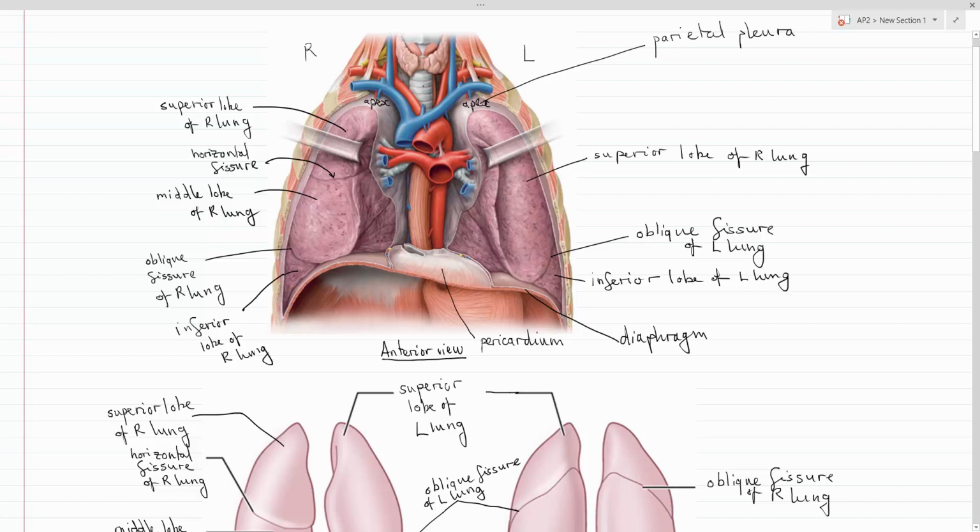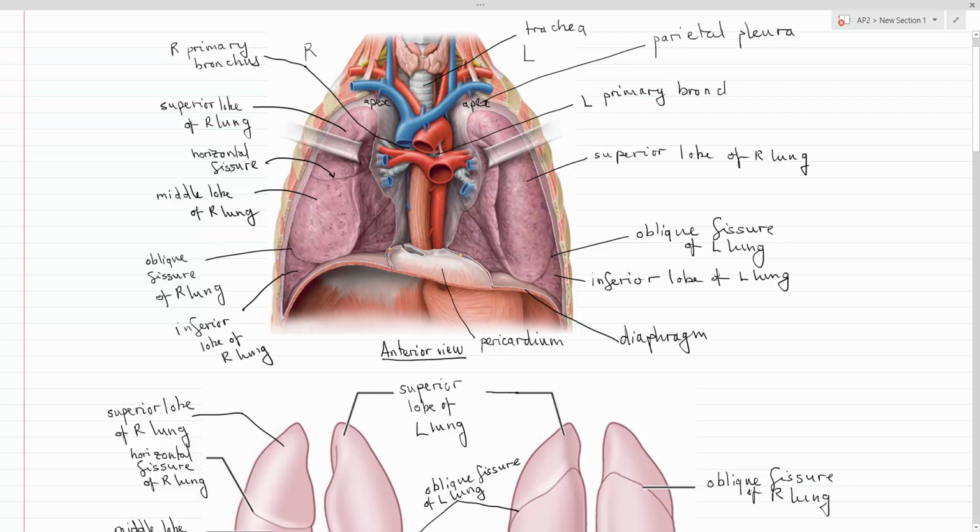A few more respiratory structures. Here's the trachea, which divides, although it's blocked by these great big vessels, into, you could just barely see, where it's dividing. That's the right primary bronchus. And you can just barely see it over here, the left primary bronchus.